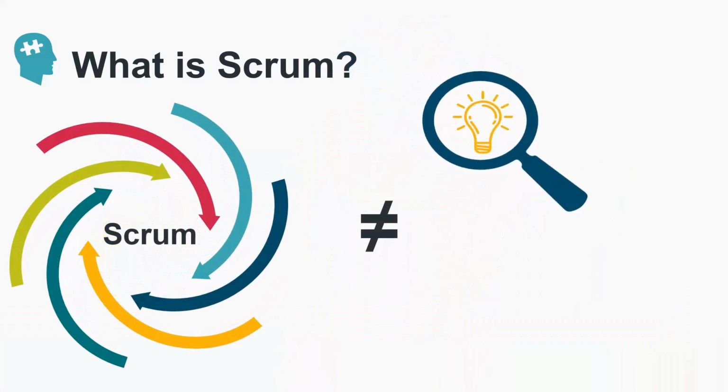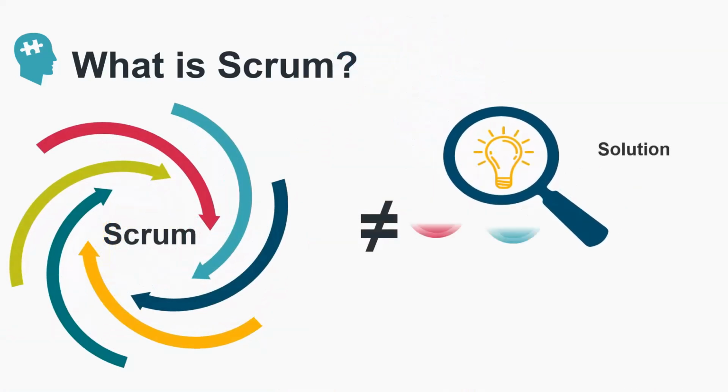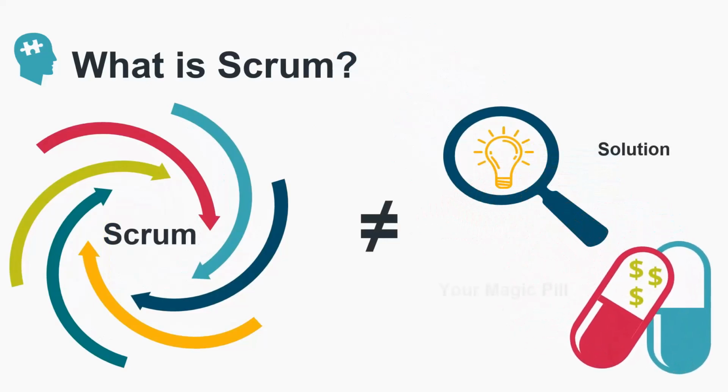Scrum is not a step-by-step solution on how to run your projects. It's not a magic pill that will solve all your problems. Scrum is more of a set of recommendations on how to do things in order to get better and faster results. Also, Scrum Guide insists that all elements of Scrum must be implemented together and none of them must be ignored. On the other hand, it also allows to enhance the framework with custom processes.